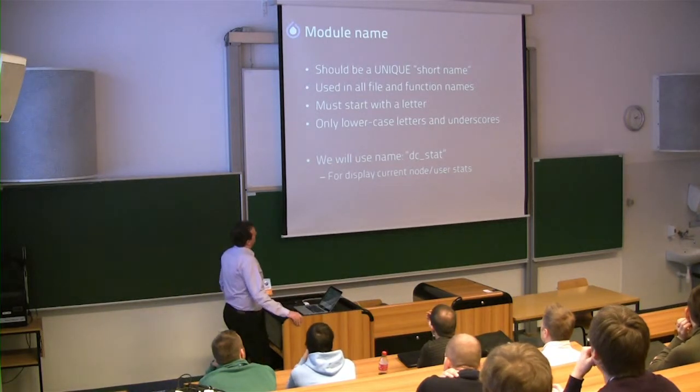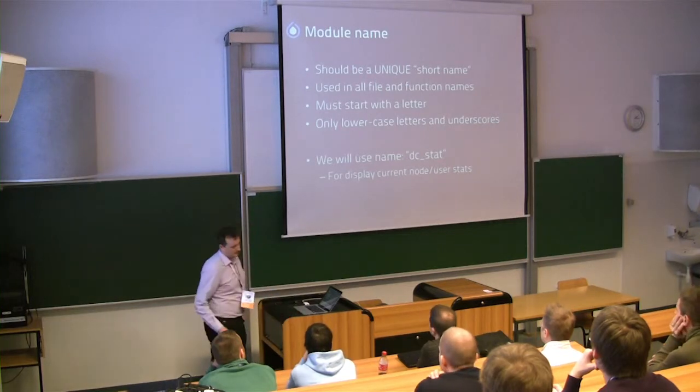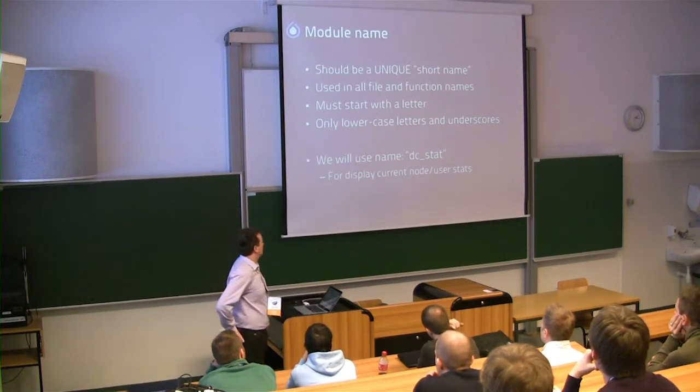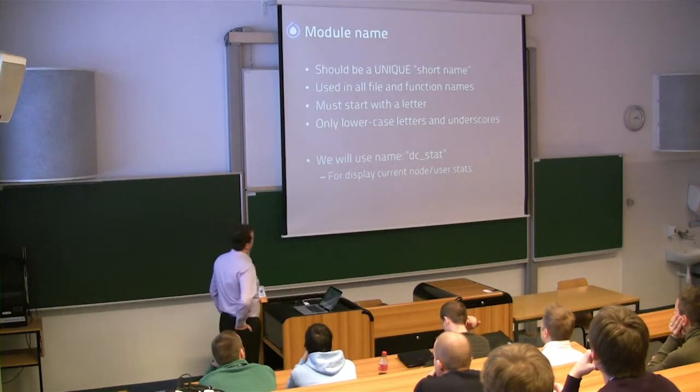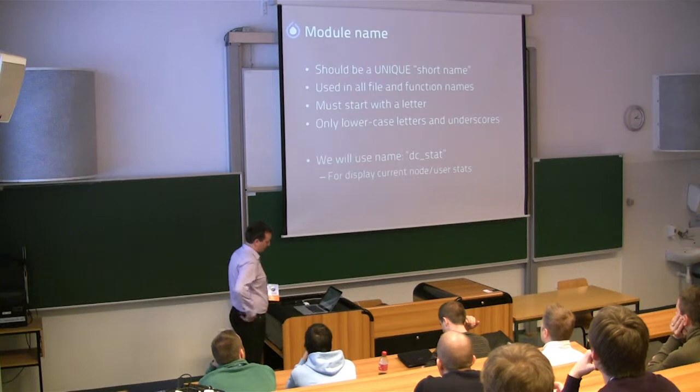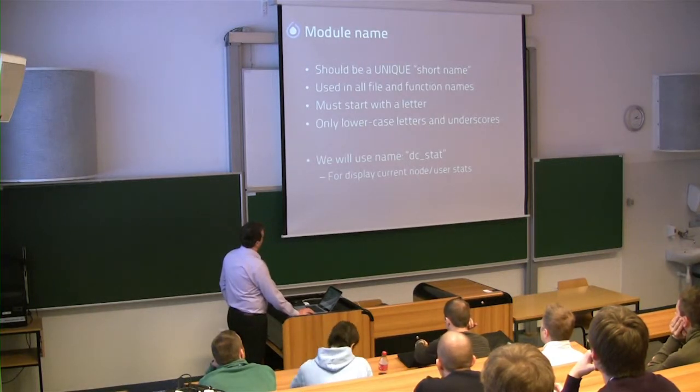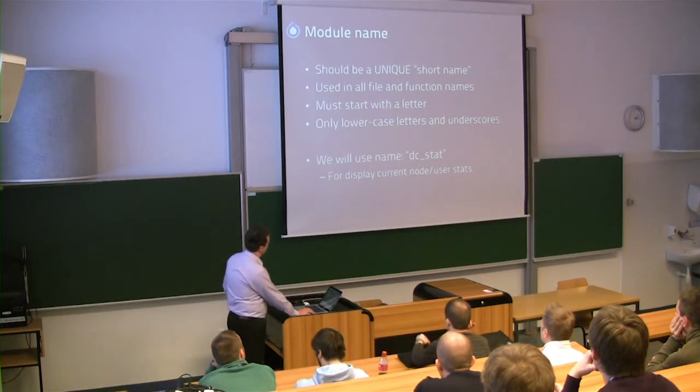Because this is a prefix for function names, you also need to use only letters to start, and it's very common to use lowercase letters and underscores if you have any spaces.